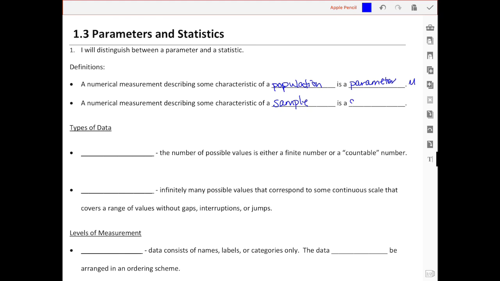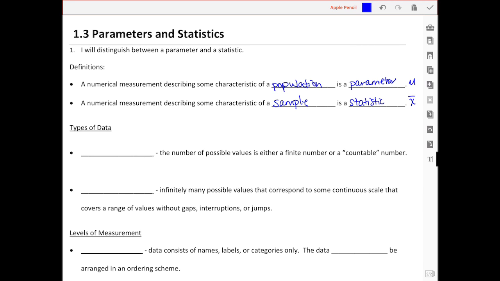That is called a statistic. And that would be using the, I guess, English letters. I'm going to put an X with a line over it. That's called X bar. And that is what we typically use to represent the mean of a sample.